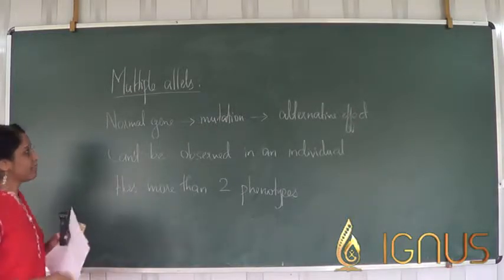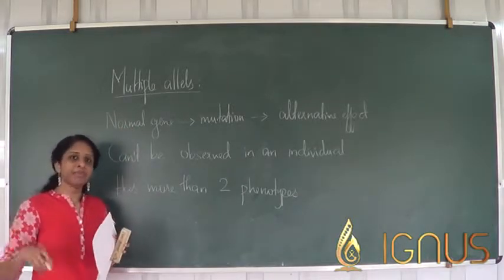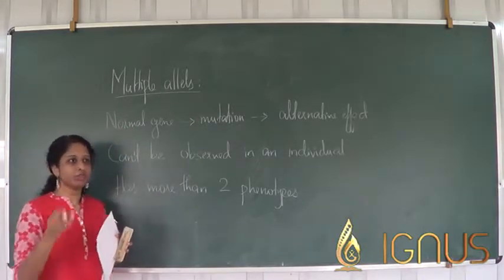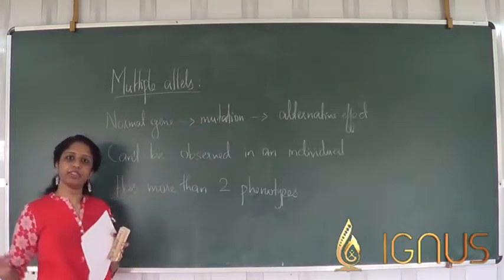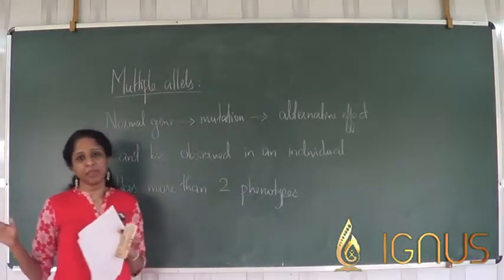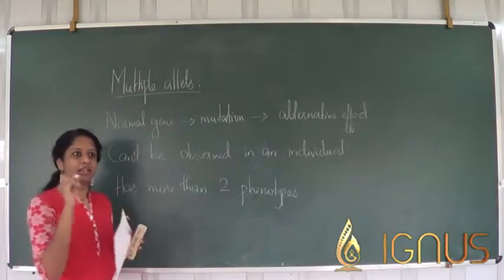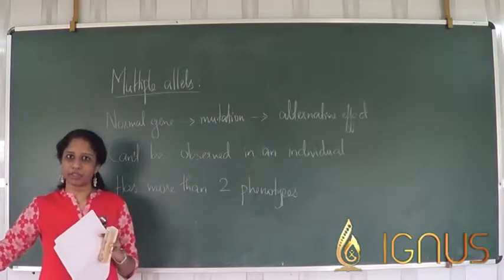And this occurs because a normal gene is undergoing mutation over a long period of time. So during the growth of a population, if you take into consideration the human population as it is growing, there is going to be a gene that undergoes mutation.